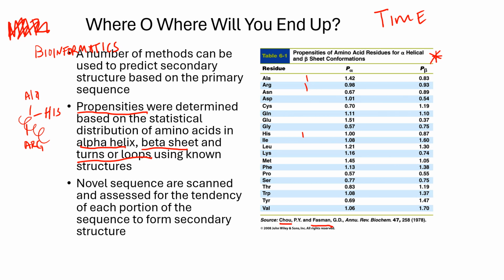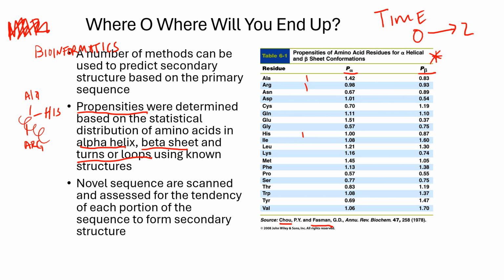And they came up with a scoring system ranging from 0 to 2, 2 being an amino acid that is most likely to be found in an alpha helix or a beta sheet, a propensity alpha or propensity beta.